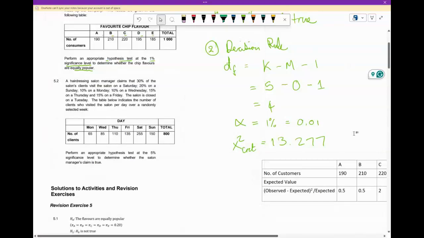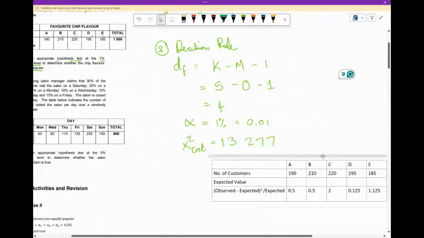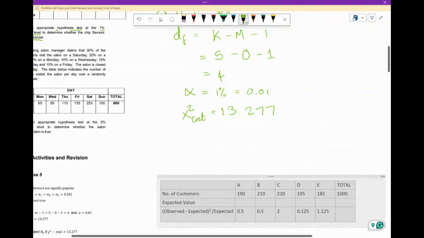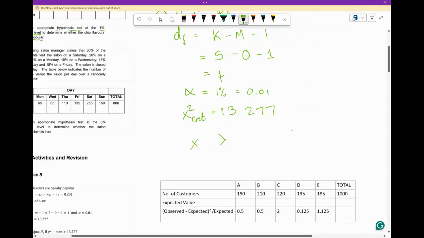Okay, maybe let me do this first. Remove this table. And we are saying, if our chi stat is greater than this 13.277, what are we going to do? Reject the null hypothesis. Okay, so we now have our decision rule.